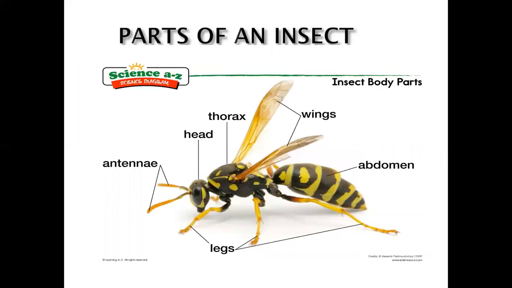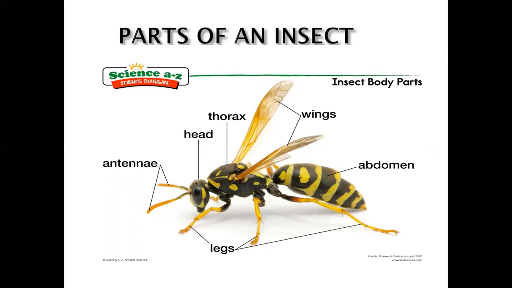In today's lesson, we are going to be looking at the parts of an insect, majorly the external parts of an insect. Remember, an insect is supposed to have 3 main body parts, namely the head, the thorax, and the abdomen. However, the thorax has parts like the wings and the legs.